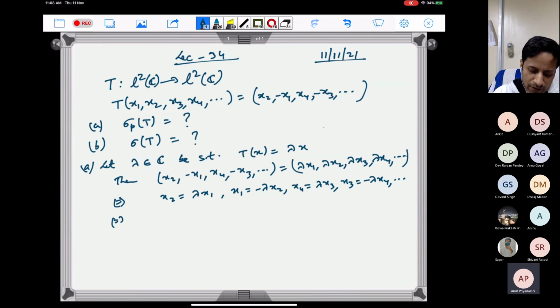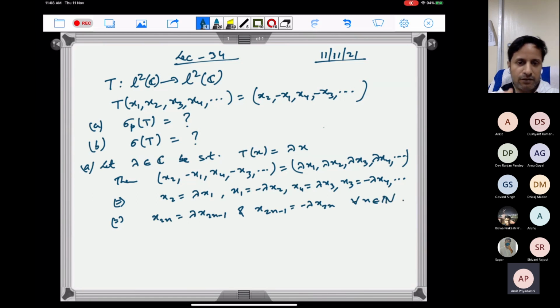So that is the same thing as, if I take x2n, that is equal to lambda times x2n minus 1, and x2n minus 1 is minus lambda times x2n. This is true for all n belonging to natural numbers.